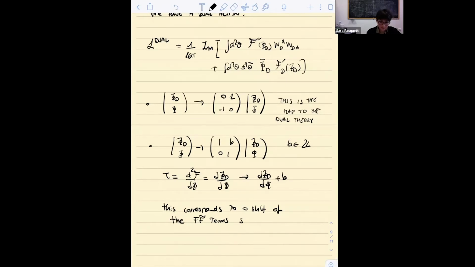So in the end, the effect of this transformation will be just a symmetry, because you will just get that the action is multiplied by an integer.